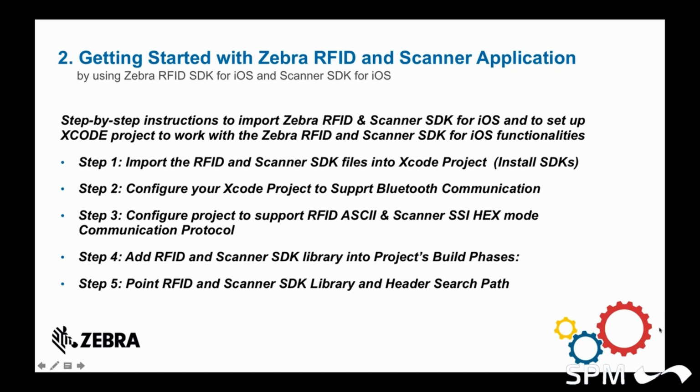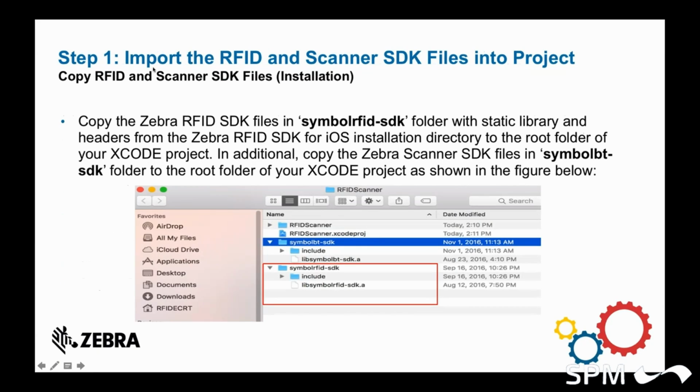And let me show you the setup, one by one, okay? So step 1, you need to import the RFID and scanner SDK files into your project. Basically, you just copy the RFID SDK and scanner SDK files to your project root folder. So this is a project file structure.